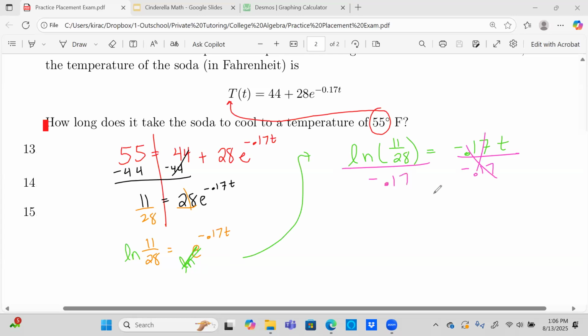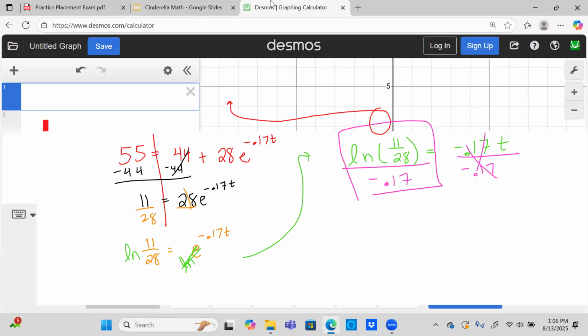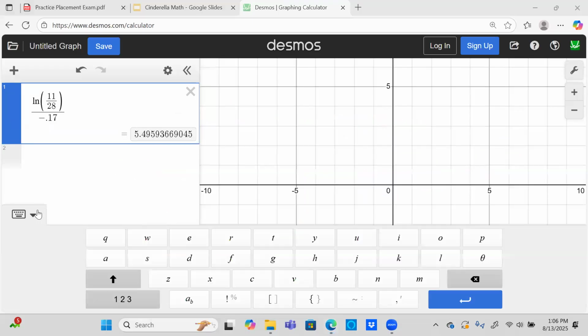Negative 0.17. If you are not allowed a calculator, this is your answer. You can't do natural logs in your head. So at this point, if you are allowed a calculator, just plug that in. Natural log 11/28 divide negative 0.17. And we get 5.49.